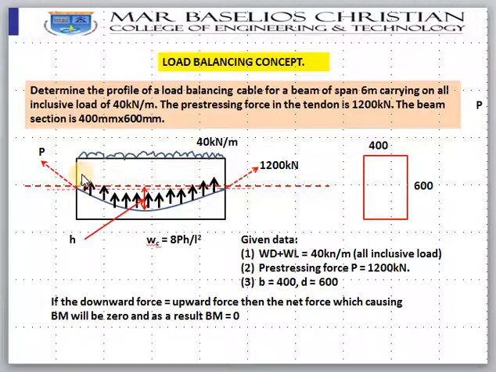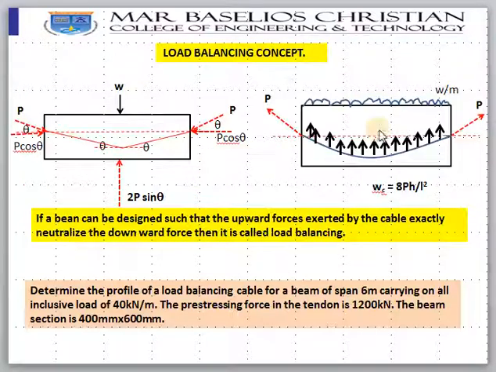One thing you should keep in mind: how do you know whether I should go for a parabolic profile or a bent up profile? The answer is very simple. You can use a parabolic profile if the load is a UD load. If a point load is given to you, then you can use a bent up profile. I don't know how many of you have noticed, if it is a point load, the shape of the tendon will be like that of the bending moment diagram.